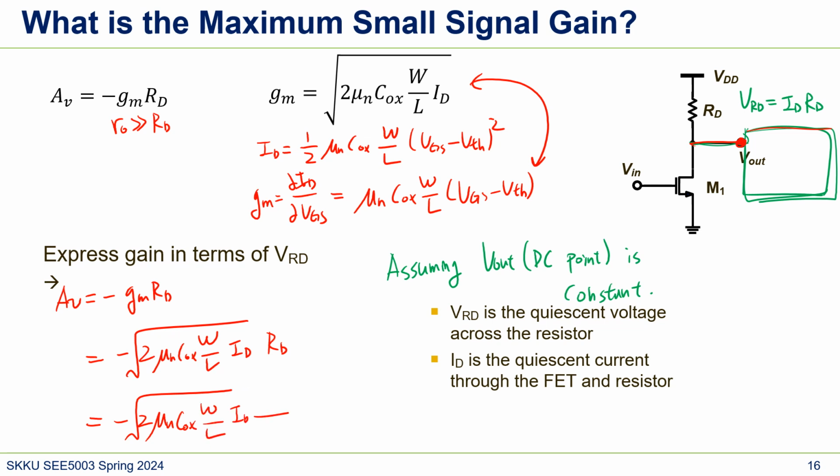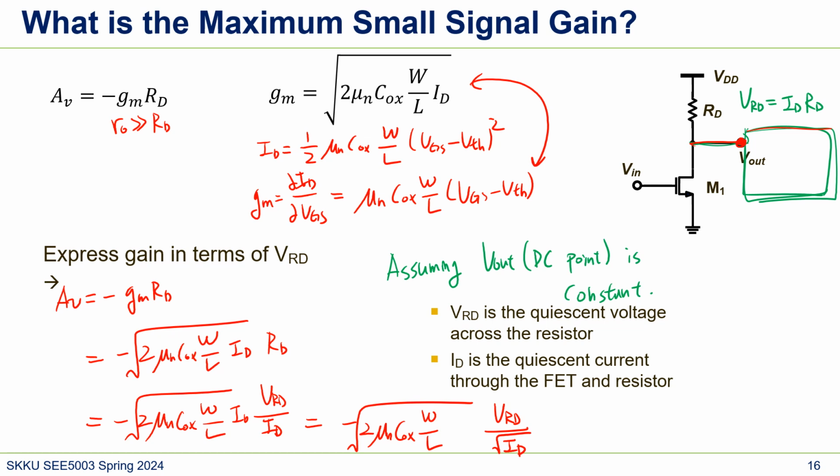So this equation can be minus the square root of 2 mu n COX W over L, and then ID, and then, oh no, not this. And then RD is what? ID over VRD. And this can be 2 mu n COX W over L, over VRD squared, times ID. So how can we increase the gain with this?